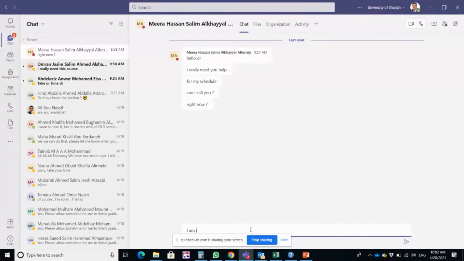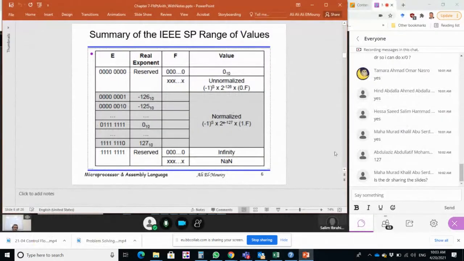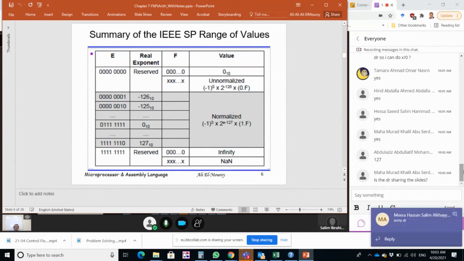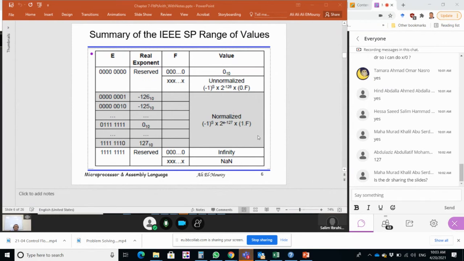One second, guys. We said that the exponent is already biased, right? So if I want to retrieve the number back, I take the exponent value and subtract 127. So the real value of the exponent here, if I have 00000001 in the exponent, is minus 126.